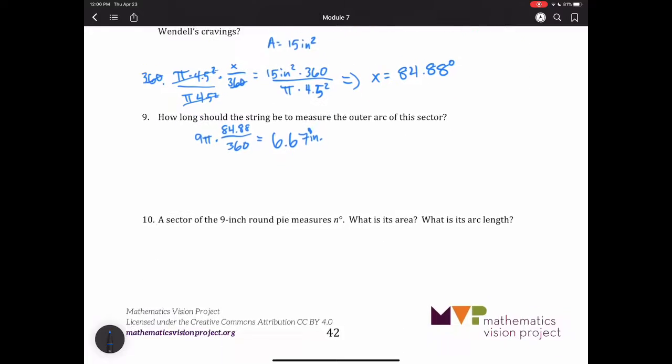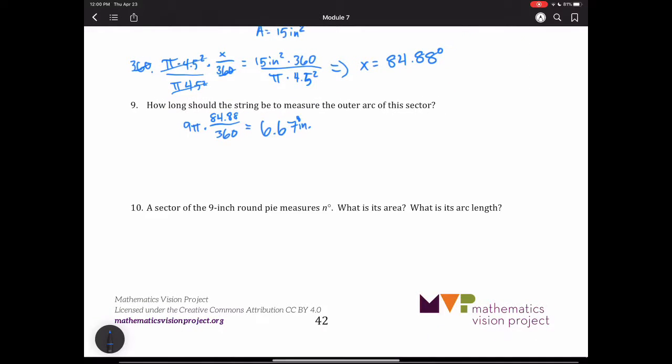So a sector of the 9-inch round pie measures n degrees. What is its area and what is its arc length? So what they want us to do now is use the same process that we've been doing, but instead of using an actual degree measure, we're going to use a variable, like with x up here, right?